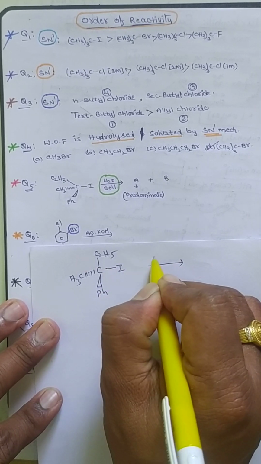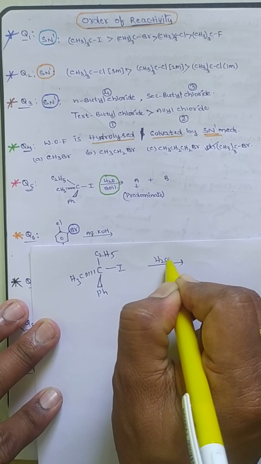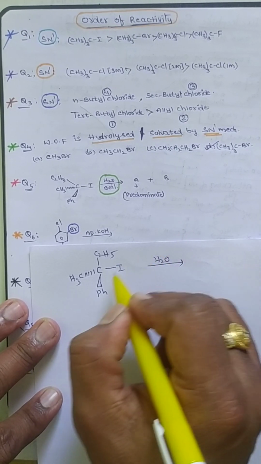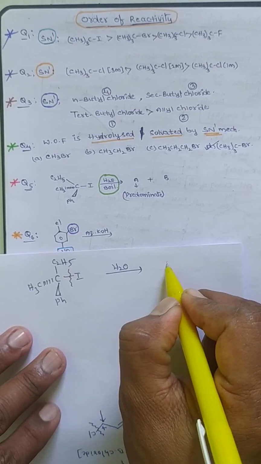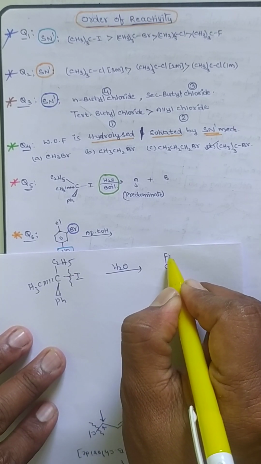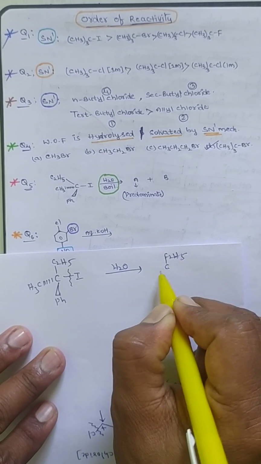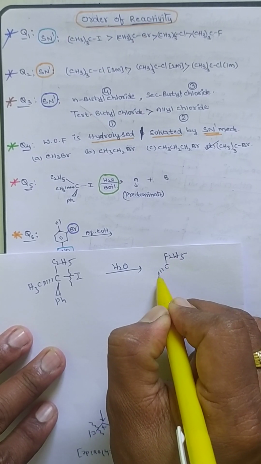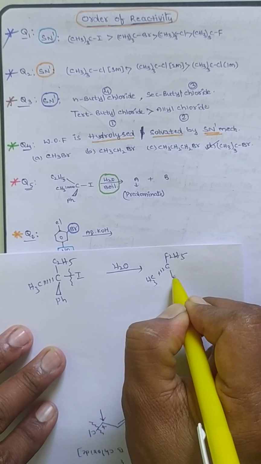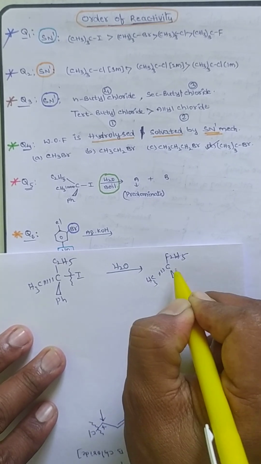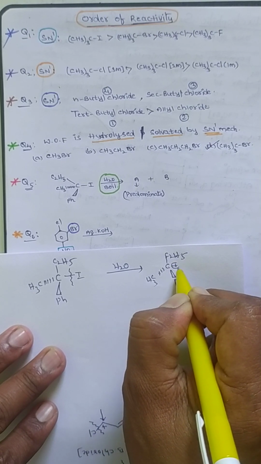Now SN1 reaction means these are polar protic solvents. These polar protic solvents will break the bond between carbon and halogen. Then the carbocation is going to be formed. Now this is CH3, this is phenyl, and this is the carbocation.